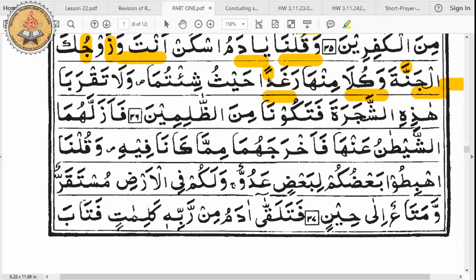You are quite right, but if you are doing waqf over it, then ragada is quite fine, mashallah. You remember the rule. But when we are articulating the sound of tanween and reading in continuation, like we are practicing the whole verse and whole line, then we will say ragadan. You are quite right when you say ragada, but we read it like that when we are doing waqf. Okay? So can you say this one as well?